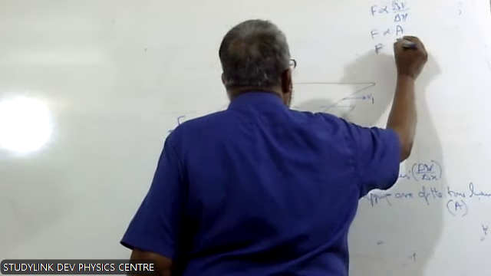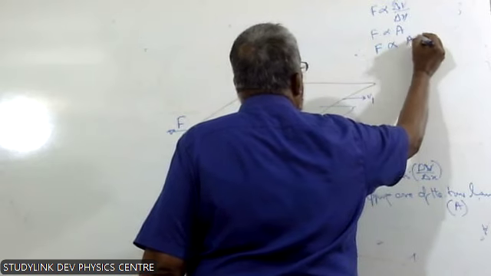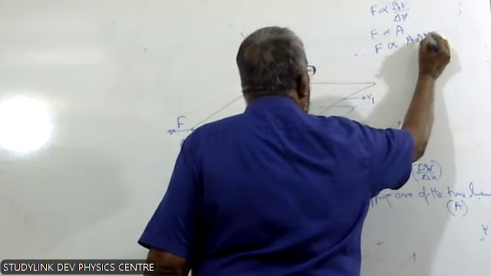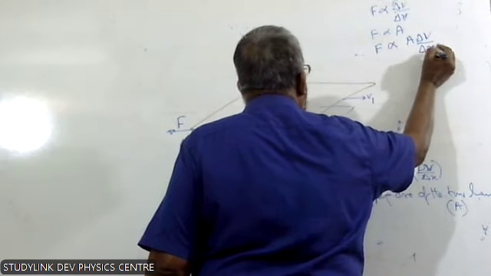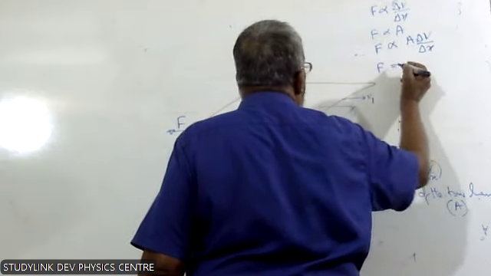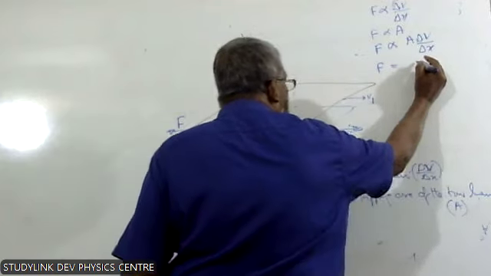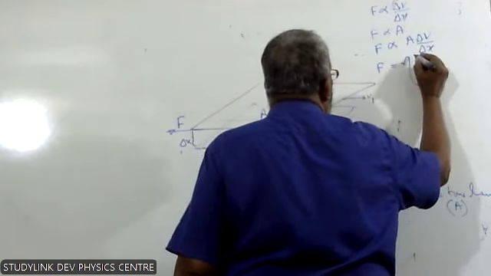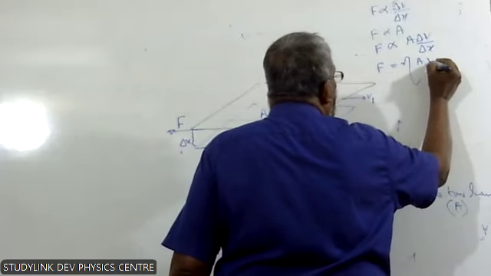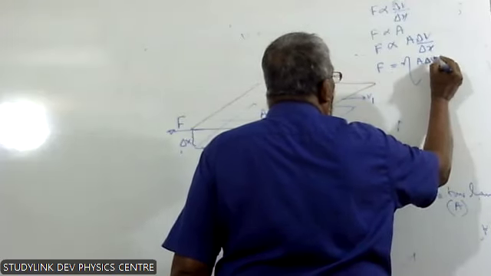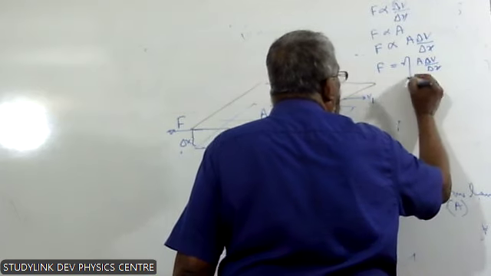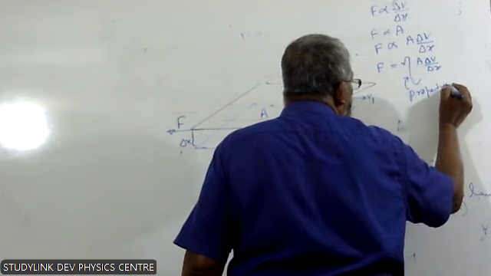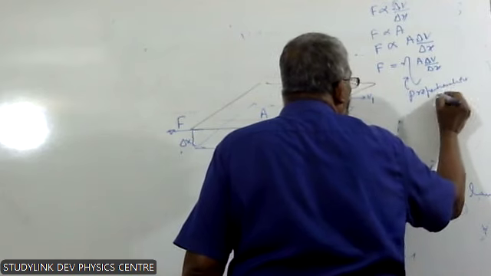Therefore, F is directly proportional to A delta V over delta X. F is equal to a constant. We want to make that constant eta, denoted by eta, times A delta V over delta X. This is the proportionality constant.